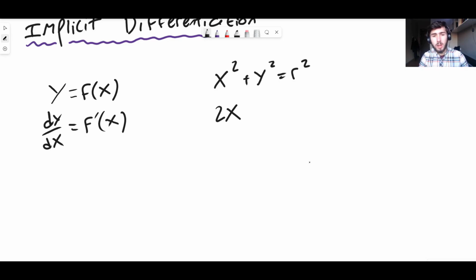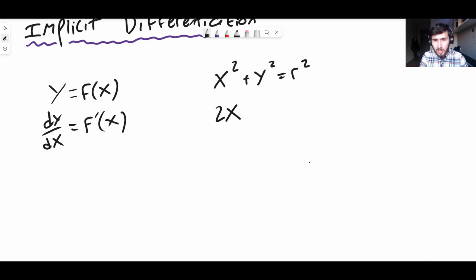Amazing. And then if you see any functions of y, this is something that you won't have encountered before, because normally the only function of y that you get is just y. It's y equals f of x. But now you have a y squared, or maybe a y cubed, or a sine y, or a cos y, or a tan y, or an e to the y, anything like that.